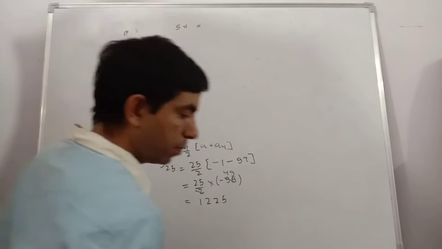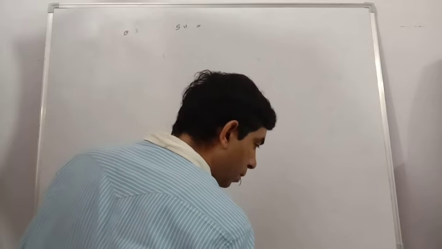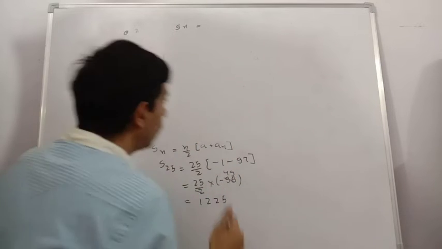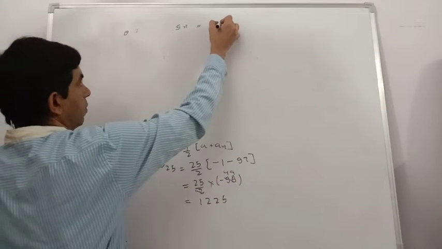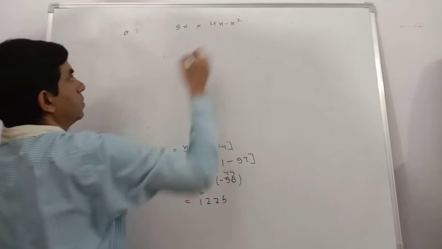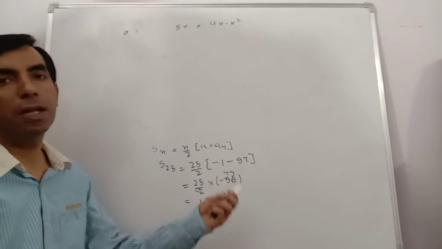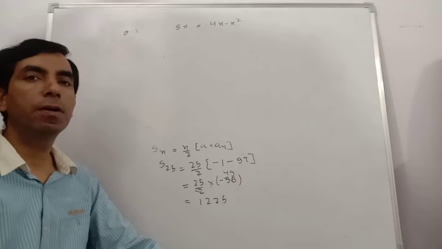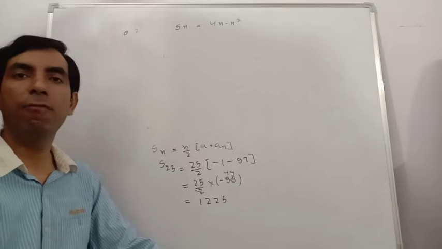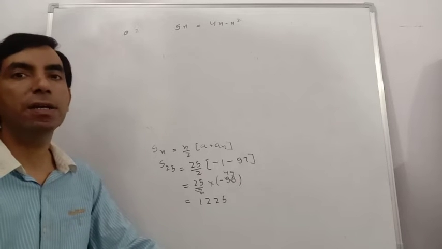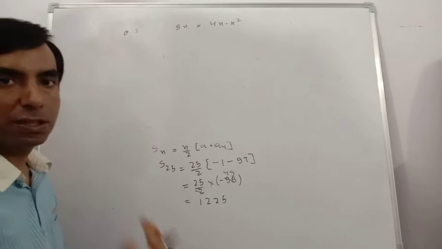Now Sn is equal to 4n minus n square. Here Sn is given in alphabet. So similarly to the previous question, we take values of n as 1, 2, 3 for finding Sn: S1, S2, S3.